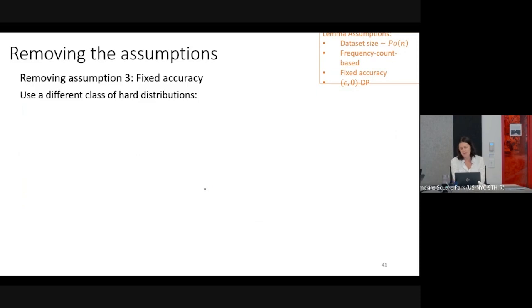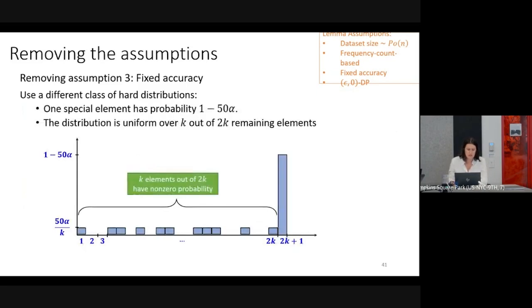Okay, and then by far the hardest assumption to remove is the fixed accuracy. So to get a dependence on alpha, you have to use a different class of hard distributions. So this is the one that we use. Basically, it's again uniform over k out of 2k elements, but then there's this special element, the last, 2k plus 1, that has a large probability mass.